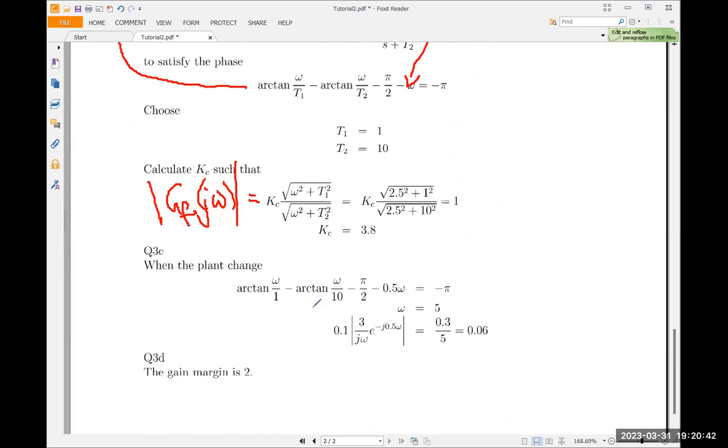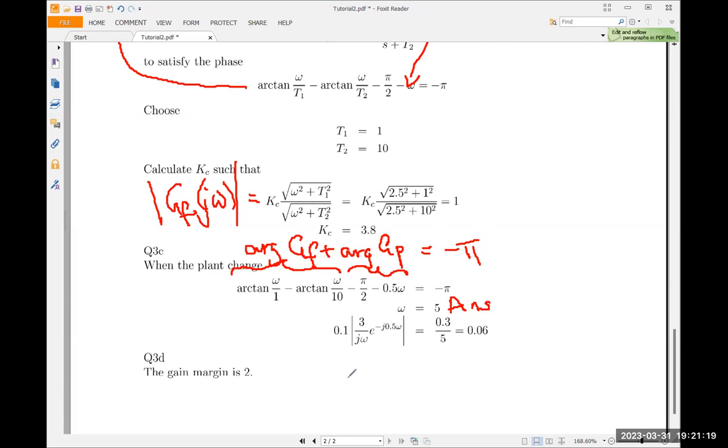This is the phase of GF. This is the phase of GP, equated to minus pi. So you do the maths, you find the frequency is 5.